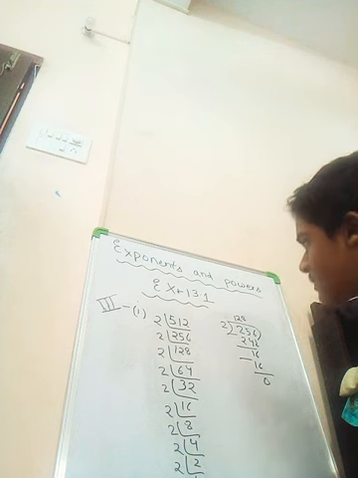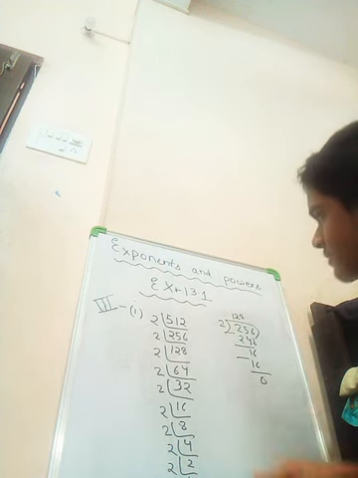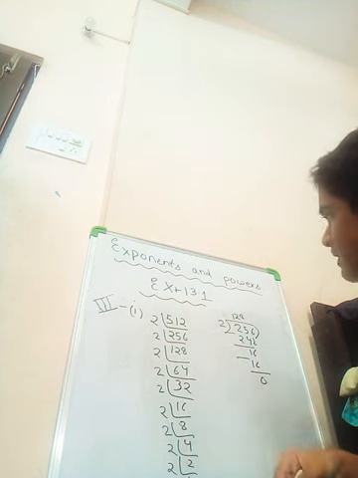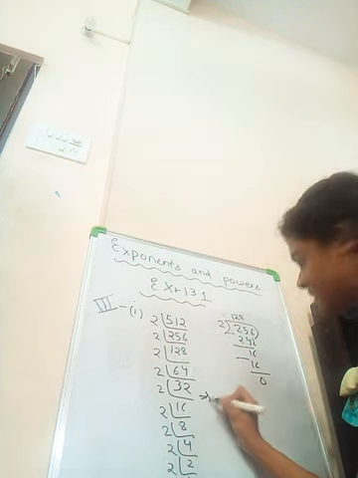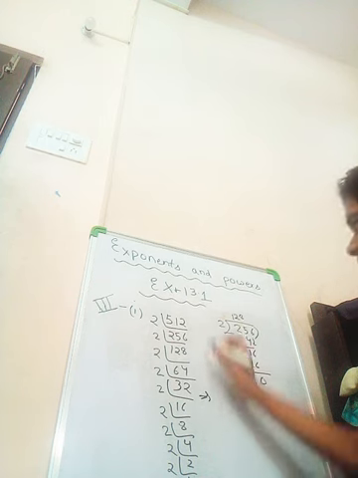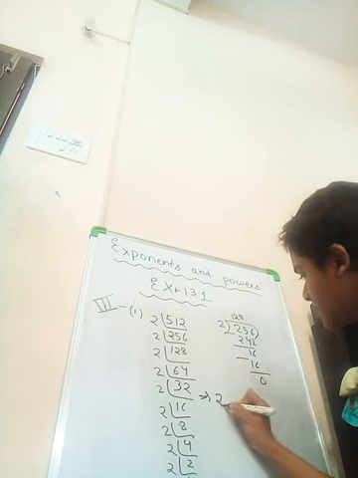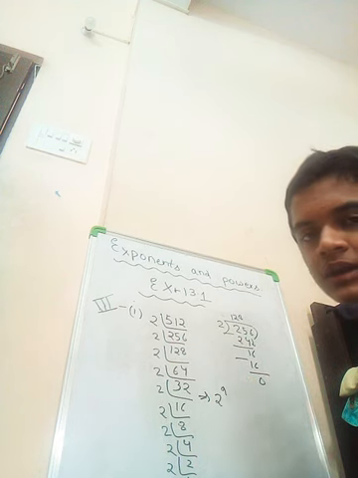So how many times 2? That is 1 2 3 4 5 6 7 8 9. So we can say that 512 is equal to 2 to the power 9.